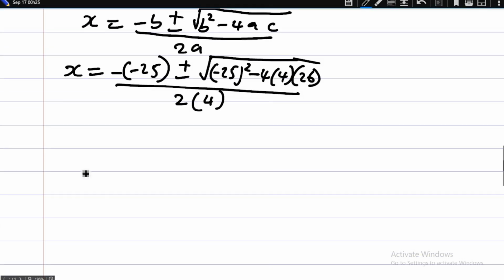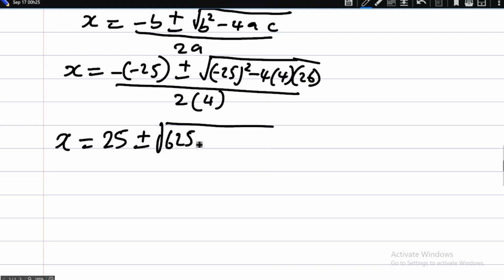Having this, we are going to have that our x is equal to minus minus will give us 25, then plus or minus the square root of 25 squared. 25 squared will give us 625. So I'm having 625 minus, then I have 4 times 4 times 26, which will give us 416.